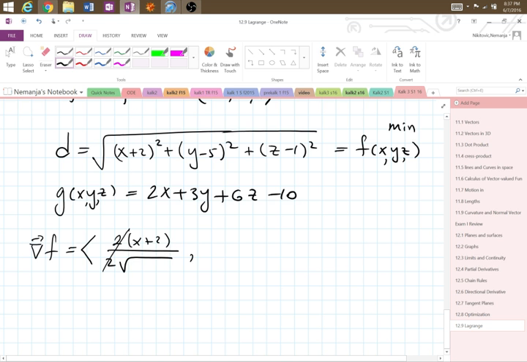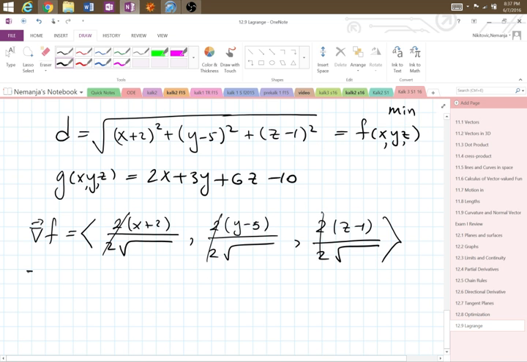Next one: 2 times y minus 5 divided by 2 times the square root, these cancel. I'm taking partial derivatives of f. And then for z, 2 times z minus 1 divided by 2 times the square root, these cancel. There we go.